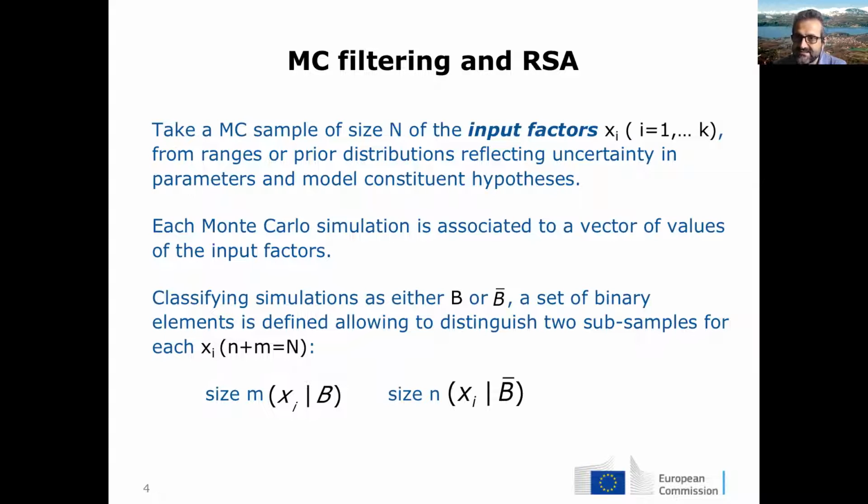So this classification, which is based on the behavior of the output, is projected again onto the input. Because for each input, you have the input values associated to the behavior and the input values associated to the non-behavior.